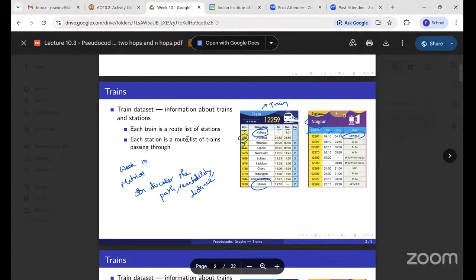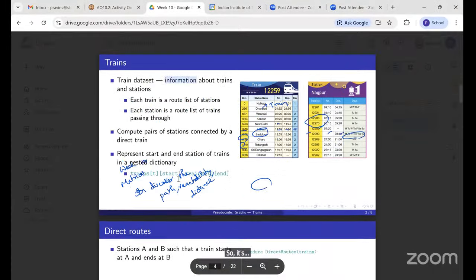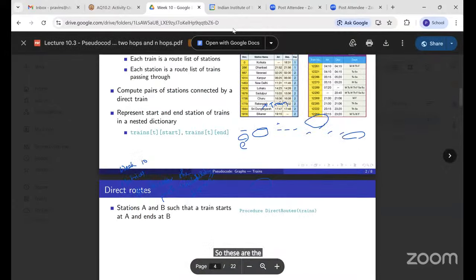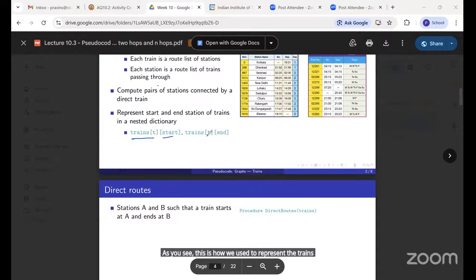These are the things that are there. This is how we used to represent the trains of T start and trains of T end. So trains is basically a dictionary.